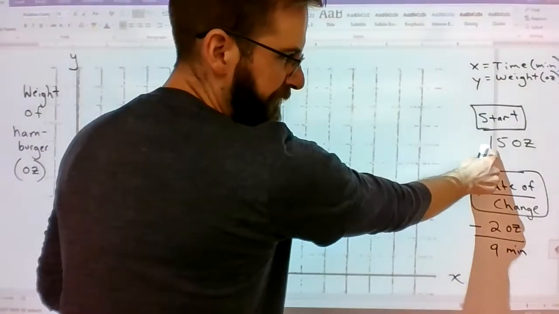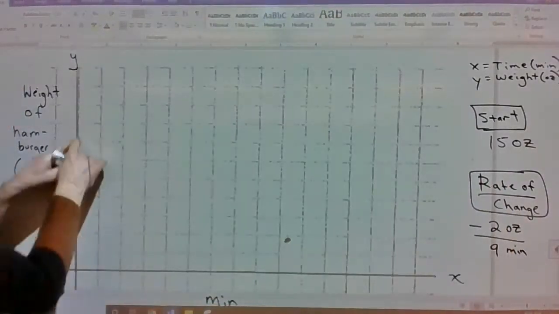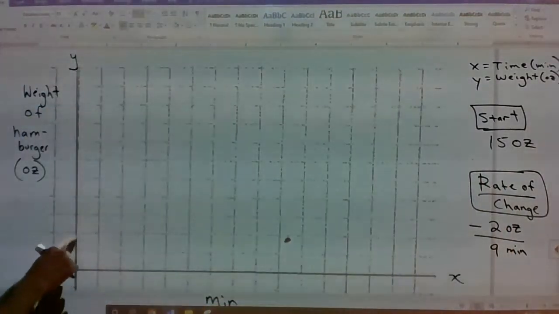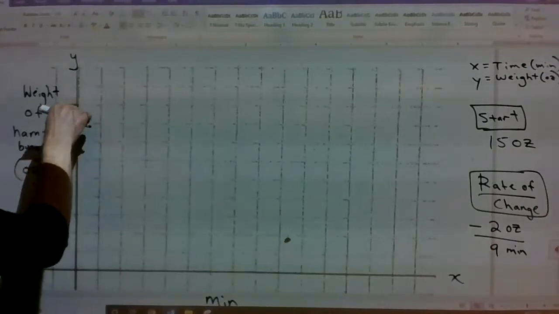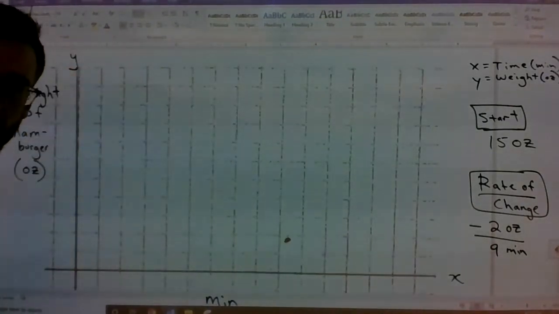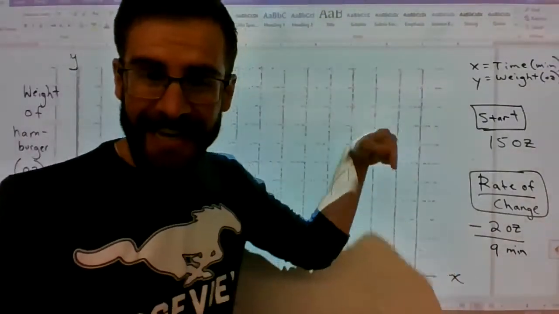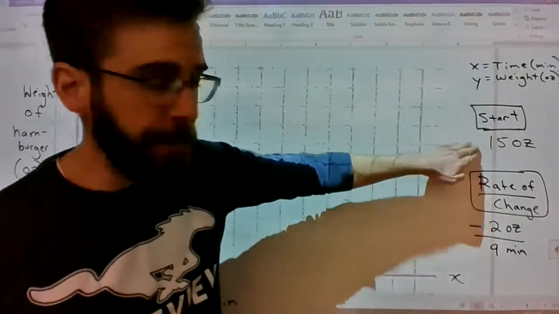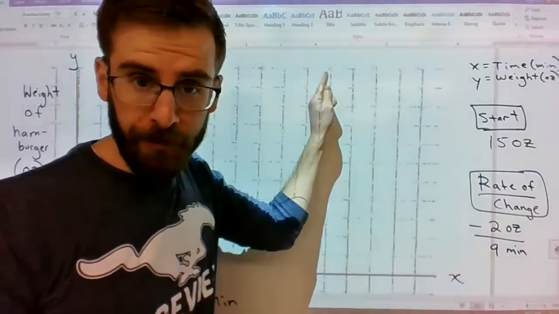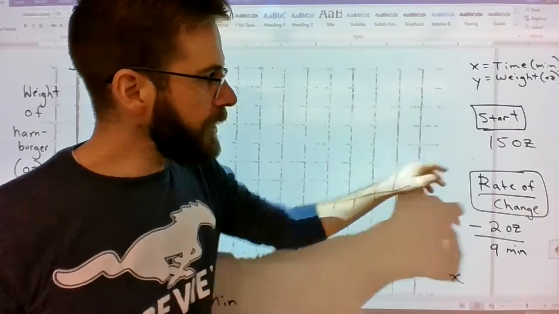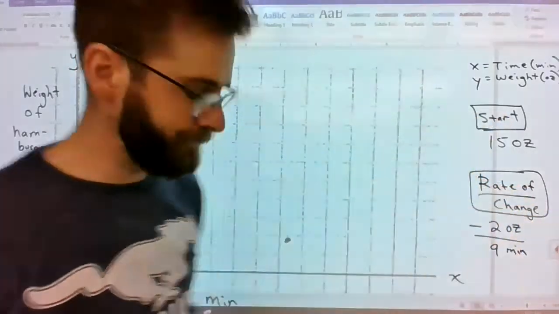So, start 15 ounces on the y-axis. There's only 1, 2, 3, 4, 5, 6, 7, 8, 9, 10, 11 spots, and we know it's going down. So this is going to be its peak. It's not going to go up from here, it's going down from here. So what I'm going to do is count by twos.